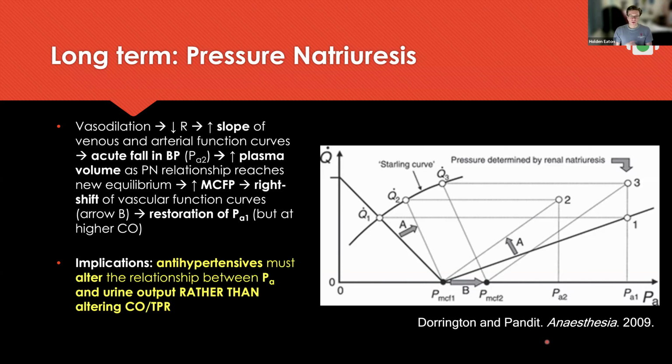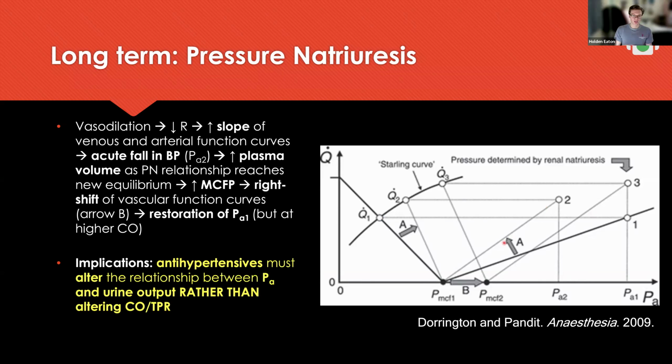So we start at point 1, Q1 on the diagram. Now, if you apply a vasodilator to this system, you first move to point 2, Q2. And that's because you change the slope of both the venous pressure curve on the left and the arterial pressure curve on the right.